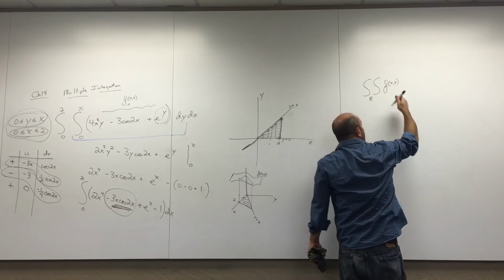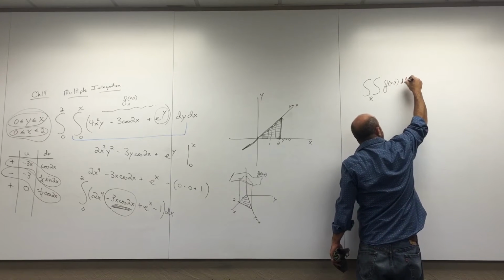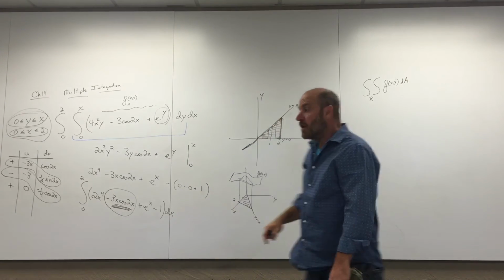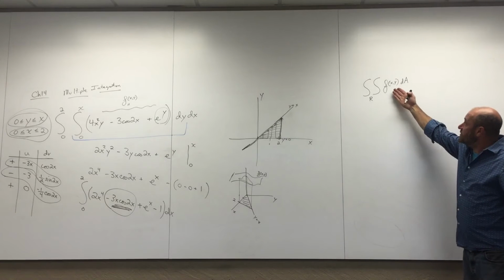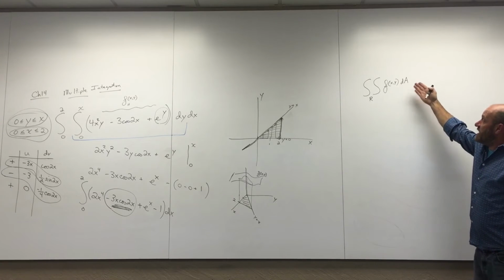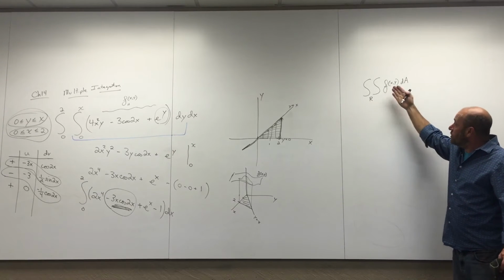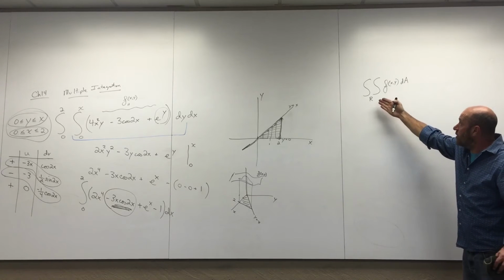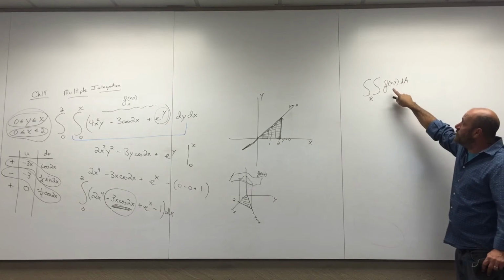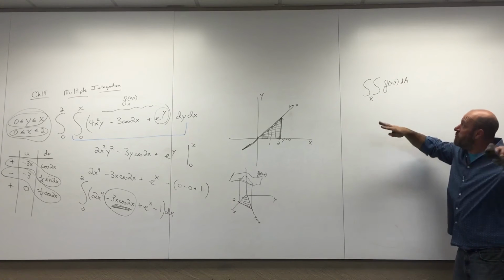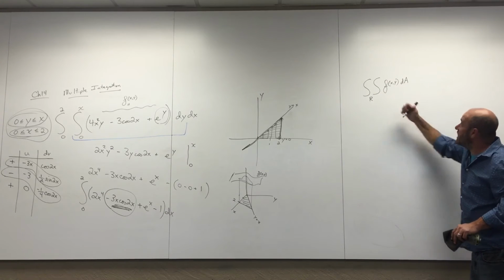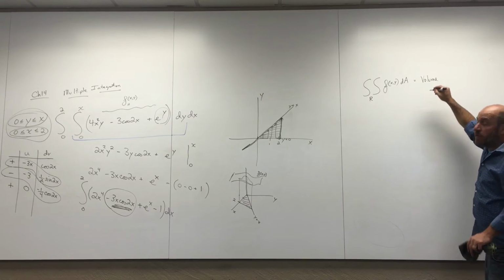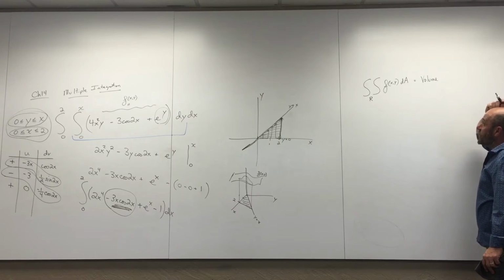You're going to integrate this function with respect to dA, the area of that region R. But when you do that, I hope you see a surface up above a region R, and this is technically the volume. Let's just say it. This is technically the volume.